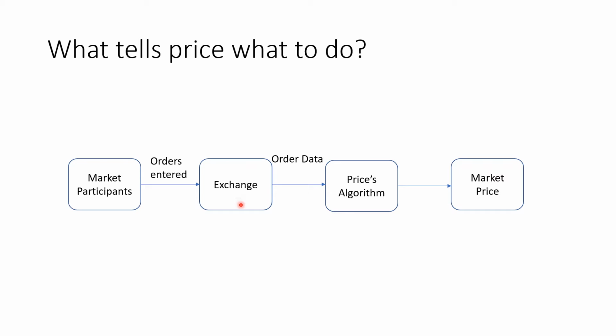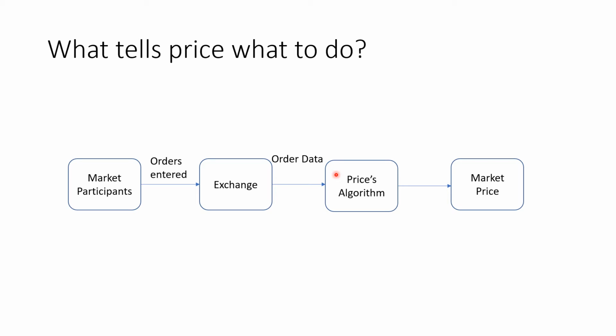So what the central exchange does is it processes your order, and that order is used by price's algorithm. Now, I know things are going to start looking scary because I just said algorithm and all that stuff, and oh no, are we talking about AI? I promise it's not that bad. Don't worry. What you have to know is that price functions off an algorithm.